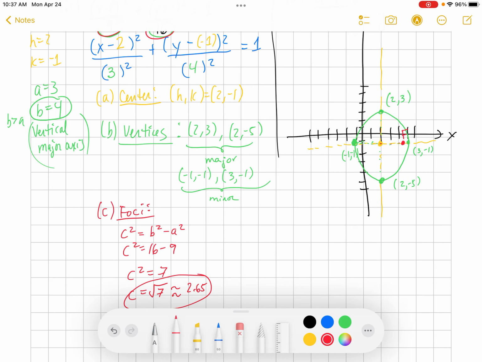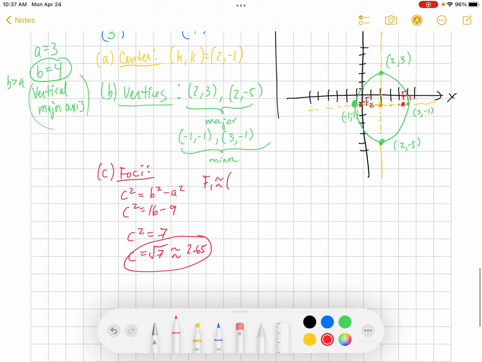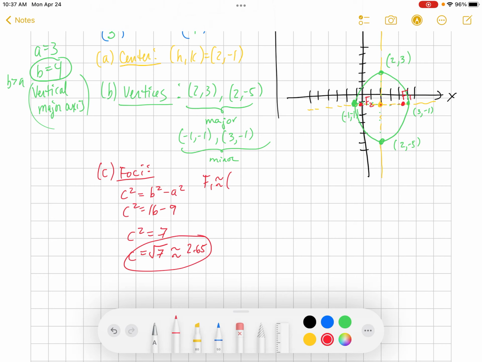If I go back to the center and I go right 2.65, I end up about there. It's going to be one of my foci. If I go back to the center and go left 2.65, that's about there. That would be my second focus. So my foci are, for F1, 4.65, negative 1.